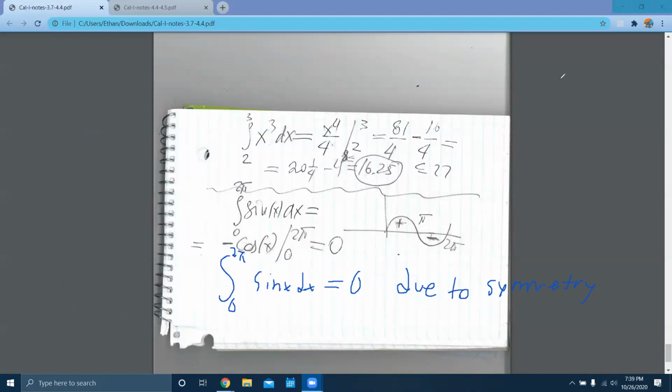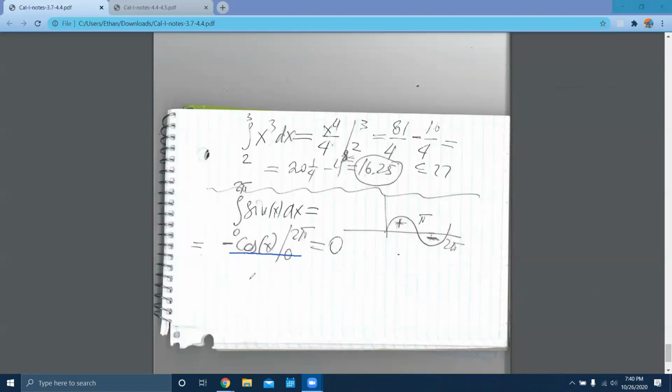Sines and cosines both cycle along the axis, going the same amount up and down as they go along. So they're going to have the same area above as they do below. I know this is an inaccurate drawing, but I apologize for that. So, just like he shows here, plus and minus. As long as you're going on complete cycles, it will always be equal to 0, which was proven right here.